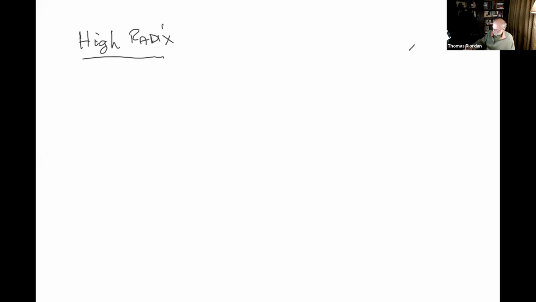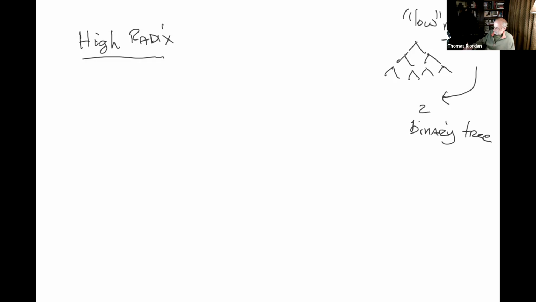So this is a low radix tree. And in fact the radix here is 2. It's a binary tree, right? It splits 2 ways each time. And so what does a high radix tree mean?